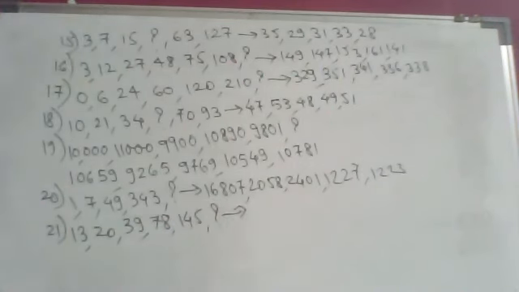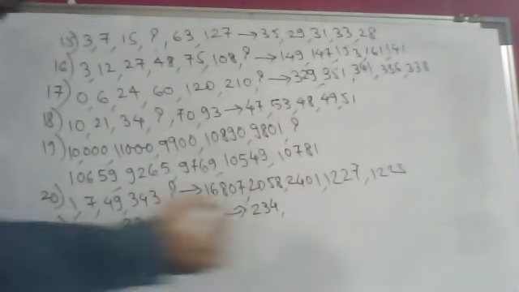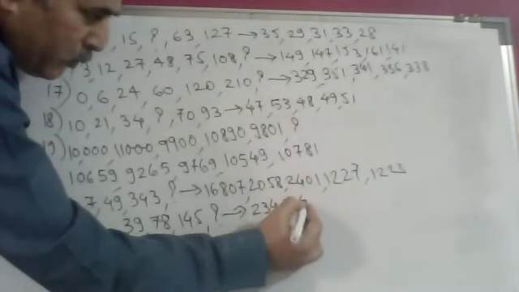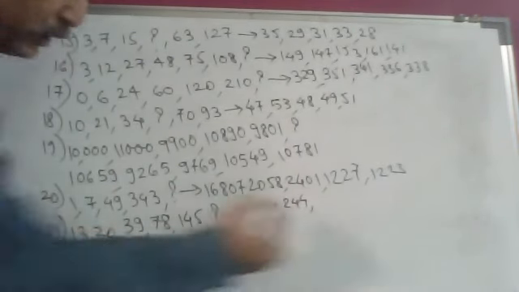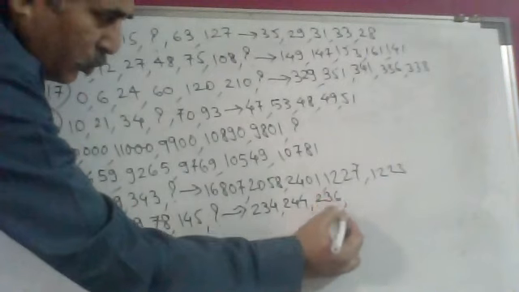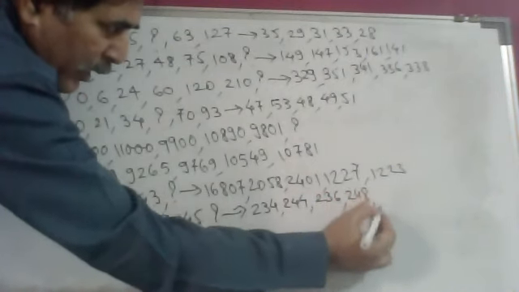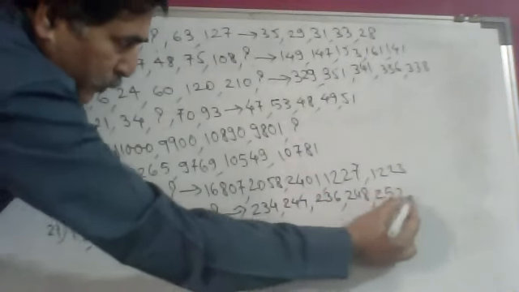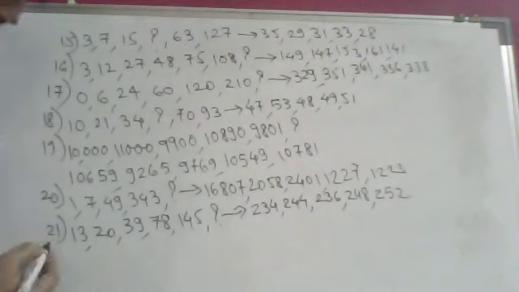Find out the missing number from the given options. Here options are 234, 244, 236, 248, and 252.